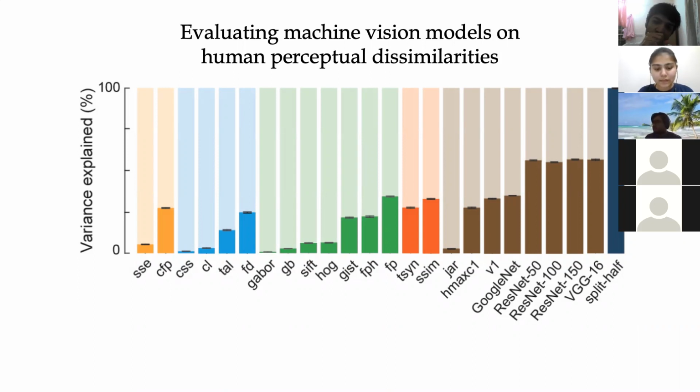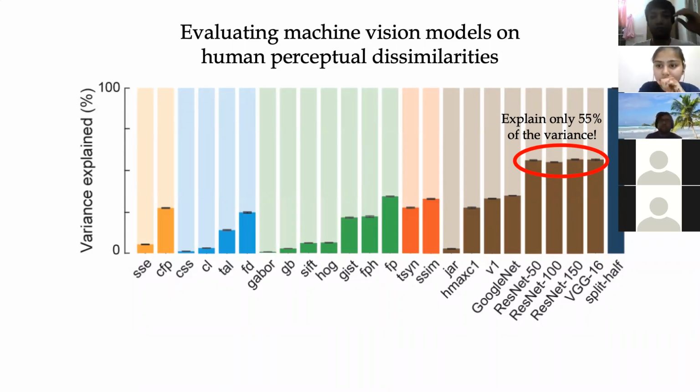And what we can see already here is that these deep neural network models explain only 55% of the variance in the data. So they don't explain everything about human perceived dissimilarities in our data set, but only about 55% of it. So there's still a lot to be explained.